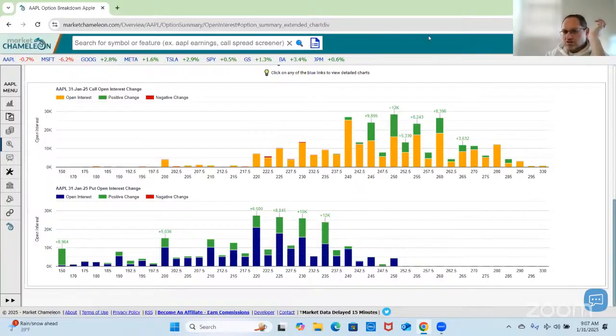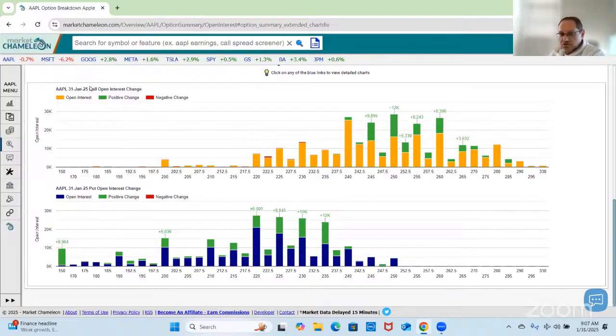The visual looks the following. Up top, you have two graphs here. You have one for call options, one for put options. The top one shows the open interest amounts for the calls by strike.